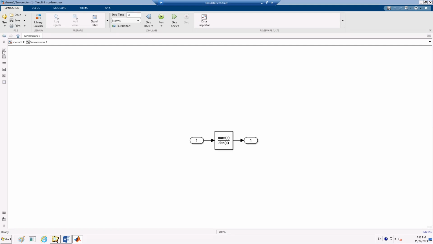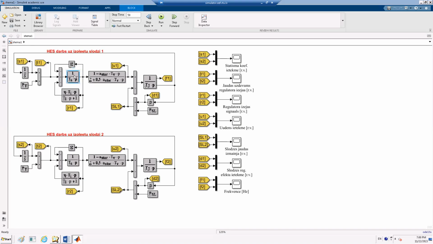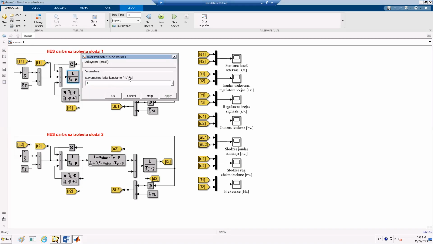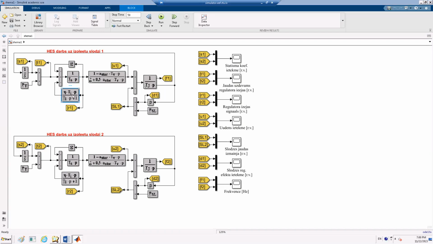It's very similar, very simple. But what we're interested in is this TS. It's a time constant for this block. And for now, it's 1 second. This block is very tricky because it does not exist in real life.